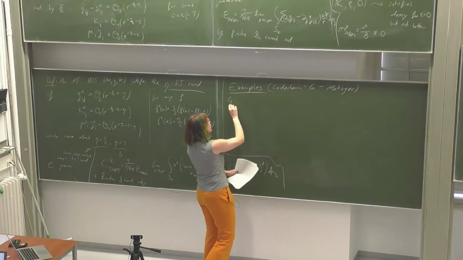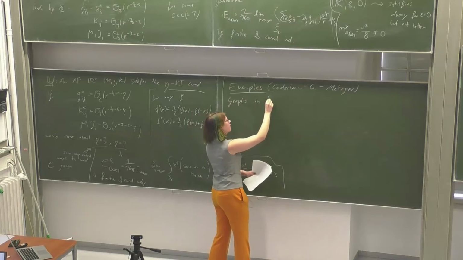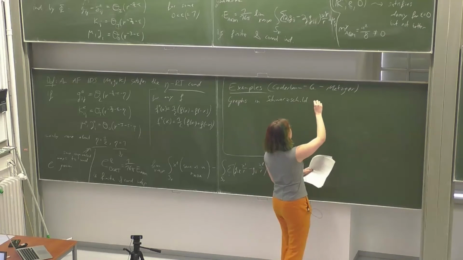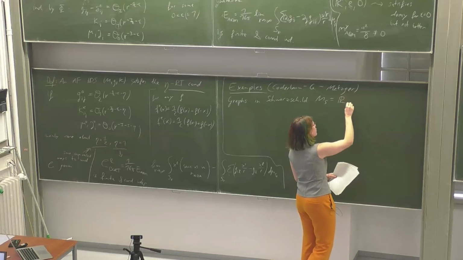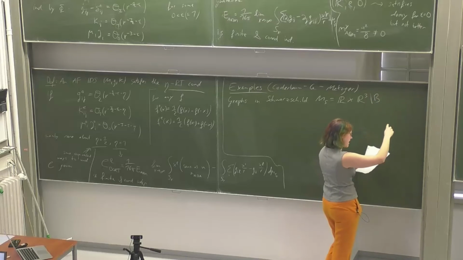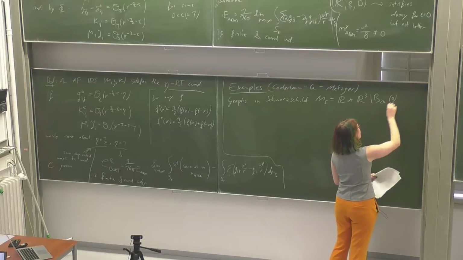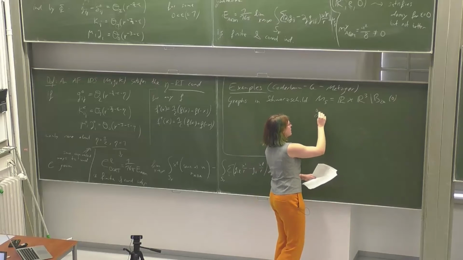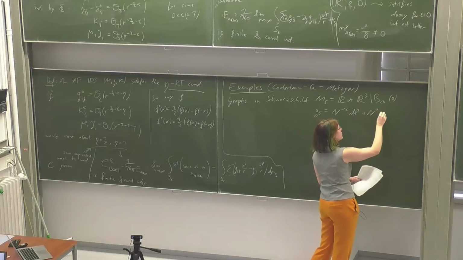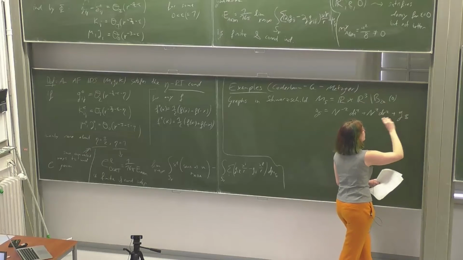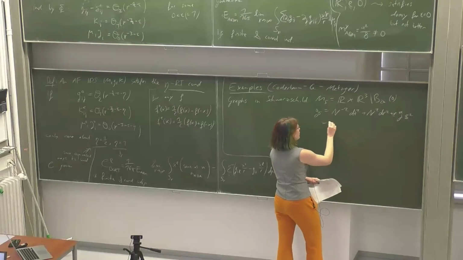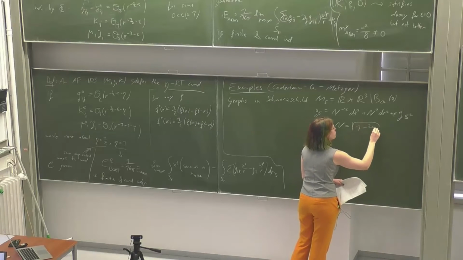So what we are looking at is graphs in Schwarzschild. Our Schwarzschild manifold would be, of course, R cross R^3 without a ball of radius 2m. And our Schwarzschild metric, we can, of course, write with our lapse function N: minus N squared dt squared plus N^{-2} dr squared plus our metric on S^2, r squared, with N being the square root of 1 minus 2m over r.